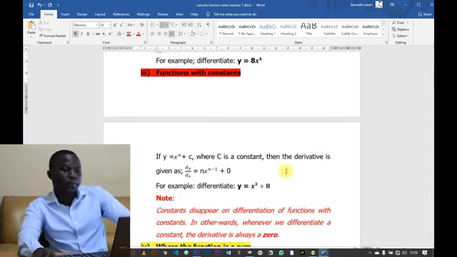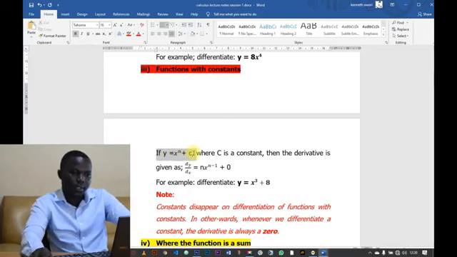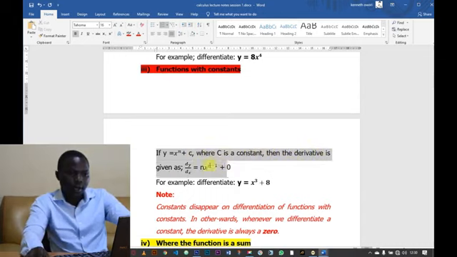So as we follow, if y equals x power n plus c, where c is a constant, then the derivative is given as dy/dx equals nx power n minus 1. So you realize that when we differentiate x power n, we get nx power n minus 1.